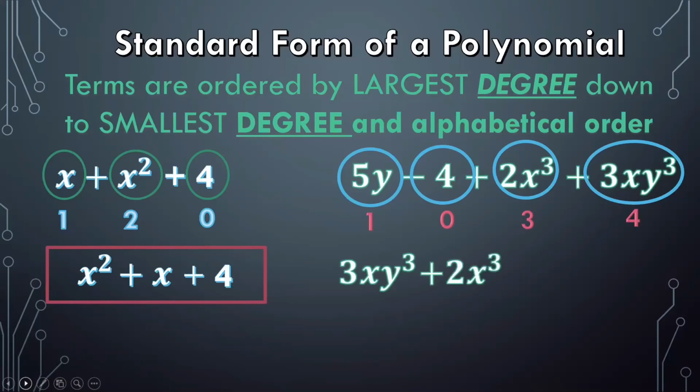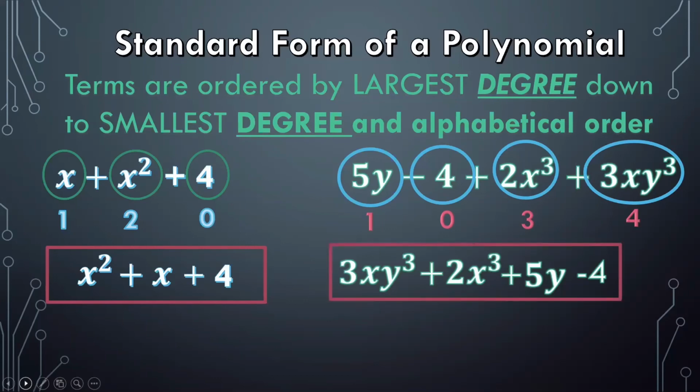Then I'm going to go with my 2x cubed, my 5y. But when you write this 4, it needs to be minus 4 because in the original, it was minus 4. So when we're moving them around, you want to make sure that if the term moves, it moves with the sign in front of it.